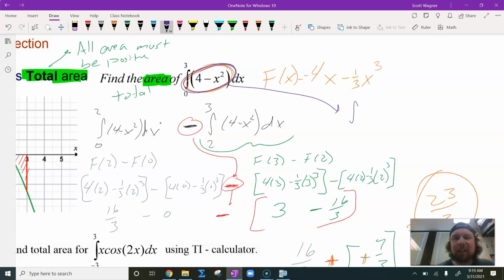We're going to say it's the integral from 0 to 3 of the absolute value of 4 minus x squared with respect to x. So make it the absolute value of the function. And what that does is all the y values become positive. Poof, just like that. Everything will be above the x-axis. So that's a nice little trick to help you out with that, and we'll explore more with that as we progress further.